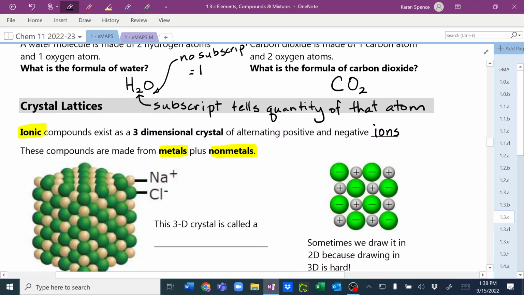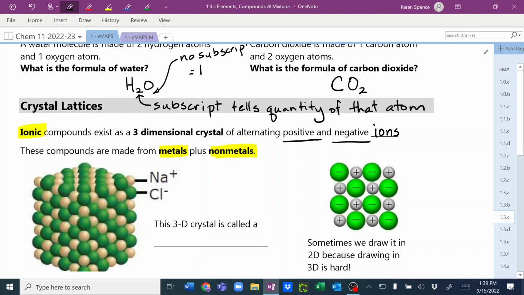So they're not made of neutral atoms, they are made of positive and negative ions. It all adds up to 0, so you'll always have exactly the same number of positives as you do negatives.